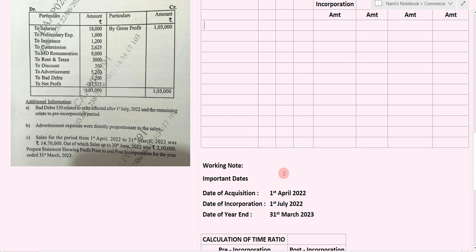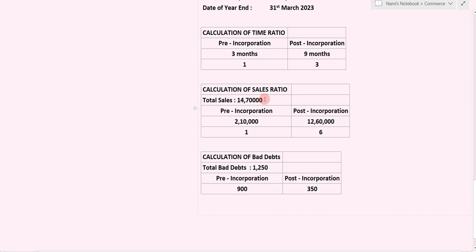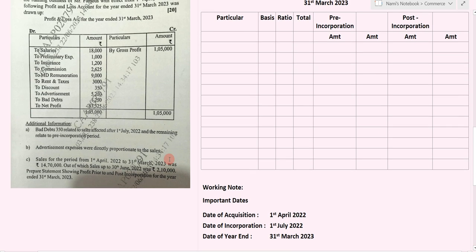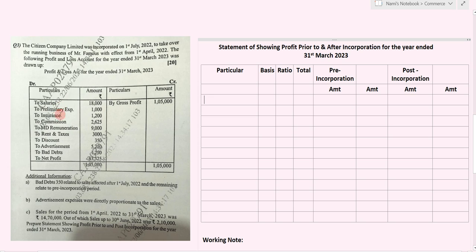Okay. So here we have got the time ratio, we have got the sales ratio also. Now we will allocate these particulars as per the basis. Total salary is 18,000. Salary is to be distributed, but before salary we have to distribute the gross profit.